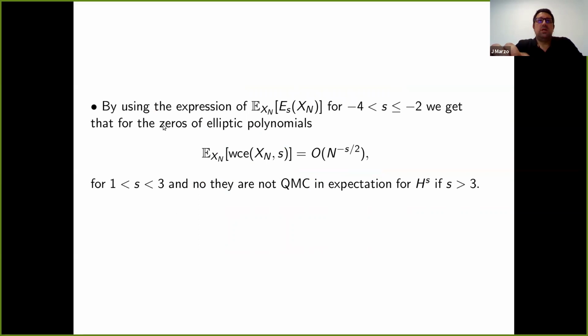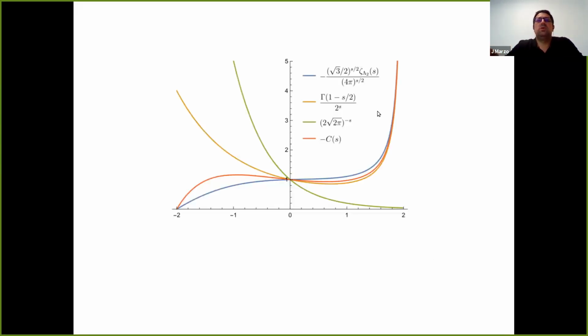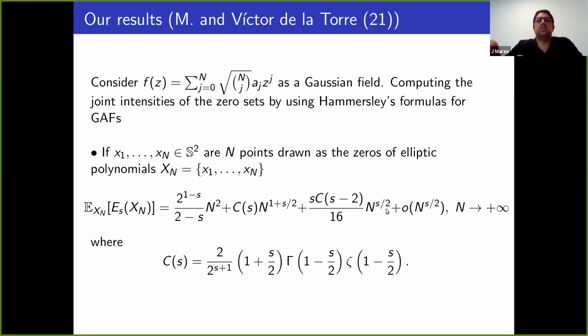And then from this, you can get the results. By using this expected Riesz energy, you need here the whole range, so for s from -2 to -4, and I would like to stress that you also need this extra coefficient, the one with n to the power s halves.